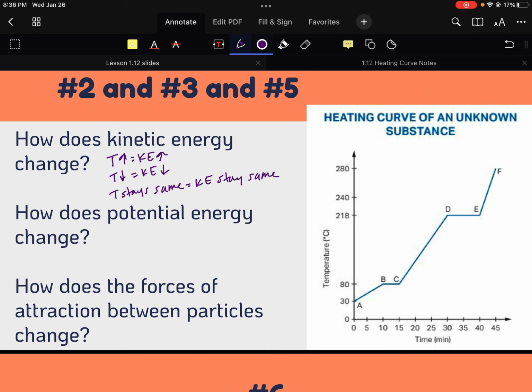I can look at the graph, and for the most part, my temperature does look like it's increasing. So here, here, it's increasing. But then I have these little points where my temperature is not actually changing, it's staying constant. And so right here, my kinetic energy is staying the same.